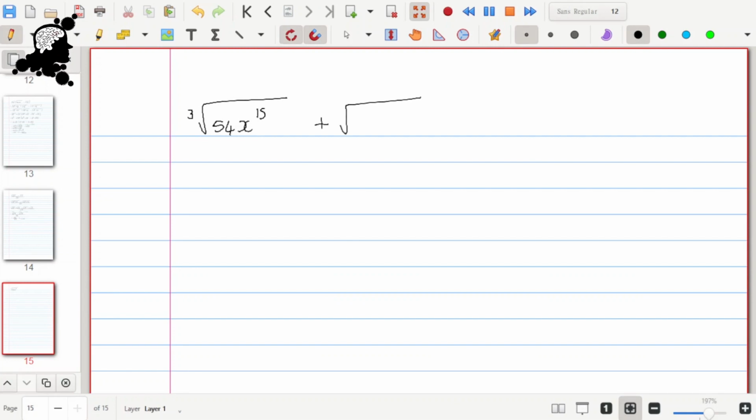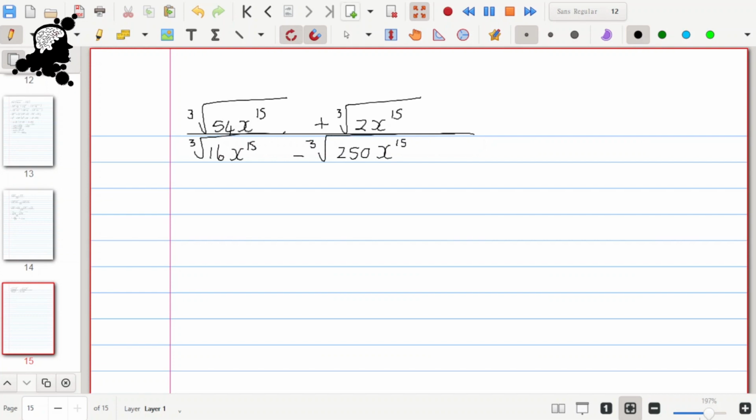Plus the cube root of 2x to the power 15, all divided by the cube root of 16x to the power 15 minus the cube root of 250x to the power 15.